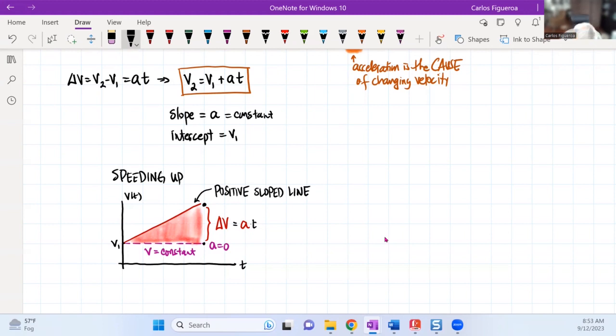So when I look at this, this tells me that if I'm increasing, then I have a velocity that's moving in the positive direction, and I have an acceleration that's also moving in the positive direction.